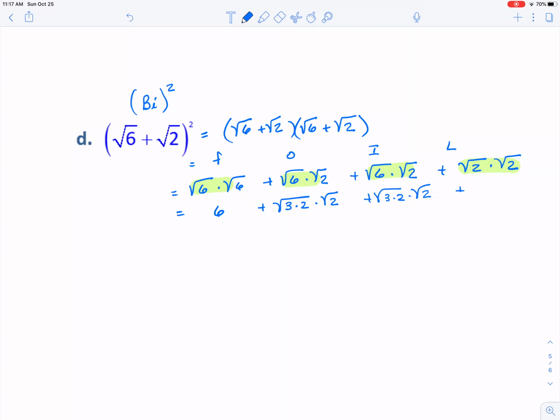Same thing here. And then square root of 2 times the square root of 2 is 2. All right, so while I'm writing this down, I'm going to go ahead and combine these like terms, so it's just not quite so much for me to have to write. So there's an 8 coming out of all that.